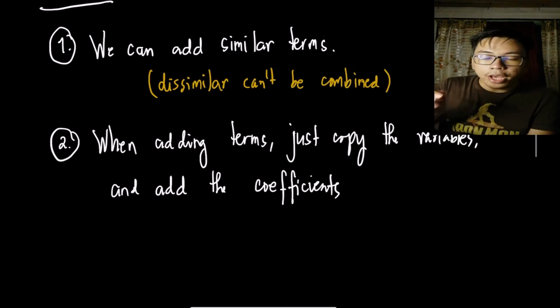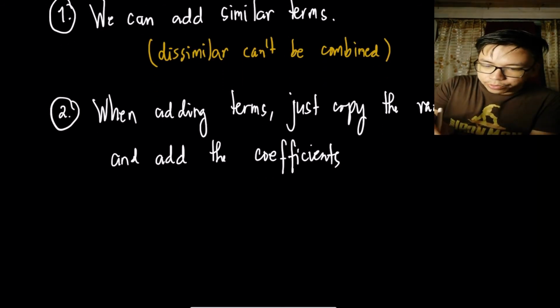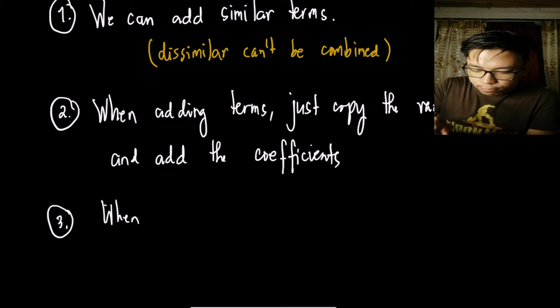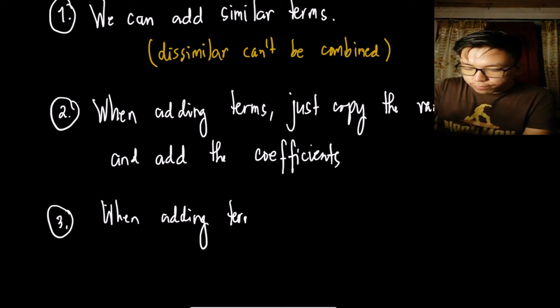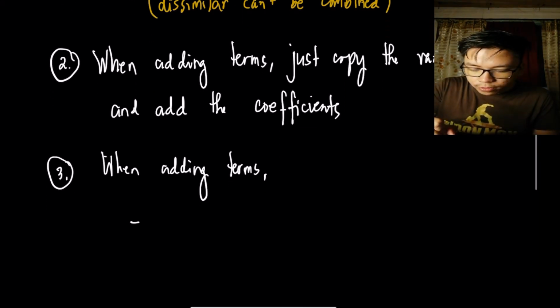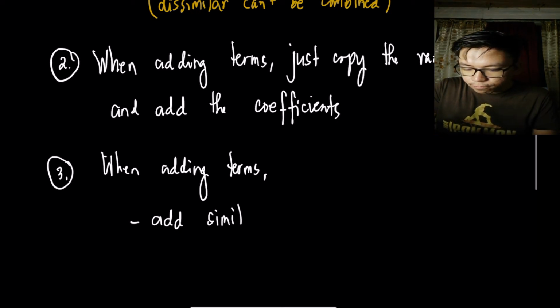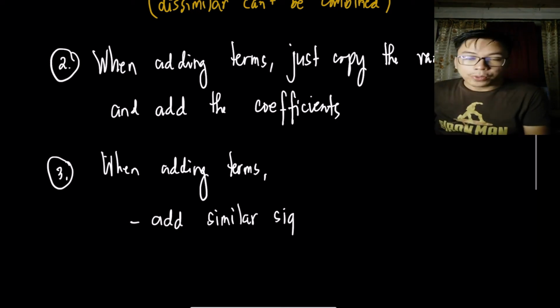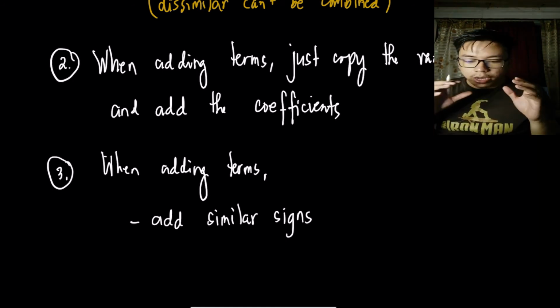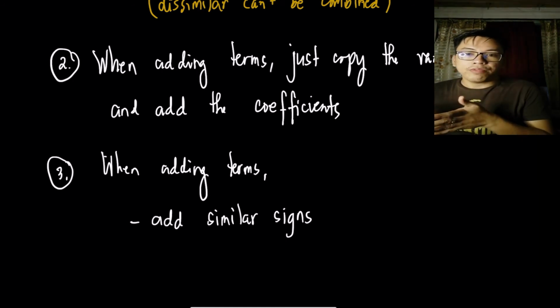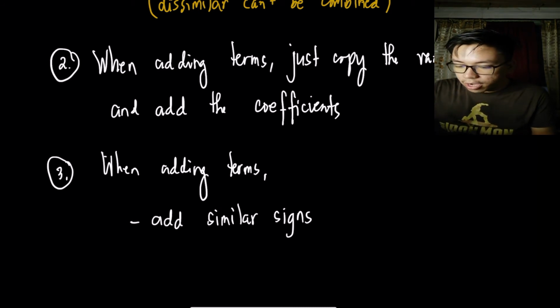Okay, another rule is, when adding terms, you have to check the signs. For example, if one is positive and one is positive, you add similar signs and then copy the common sign.